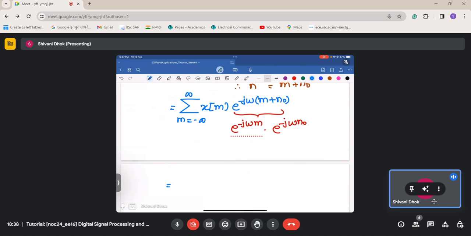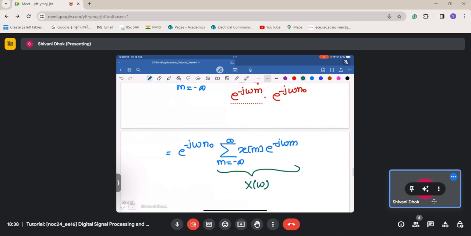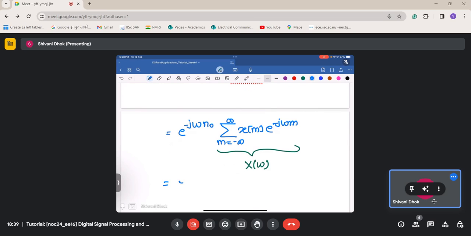So now I have e power minus j omega n naught into summation m running from minus infinity to infinity x of m into e power minus j omega m. If you look carefully, this is simply x of omega, the DTFT of this quantity. So x tilde is e power minus j omega n naught into x of omega.